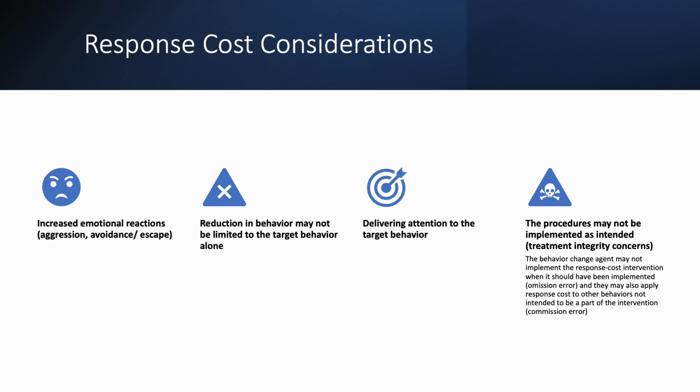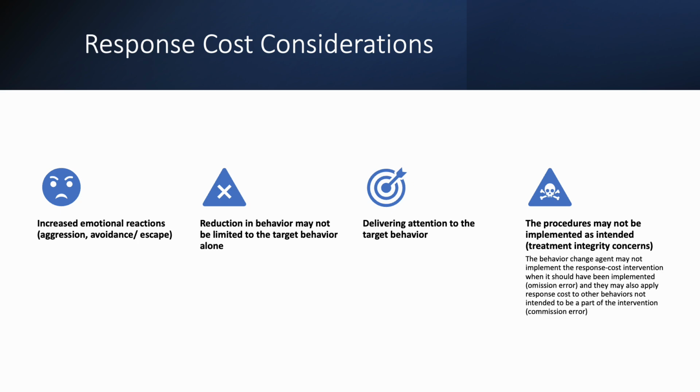They might say, oh, but it's reduced enough. I feel bad. I don't want to implement it this time. And so what will end up happening is you'll have an inconsistent implementation of the intervention, which could result in the behavior recovering. So you'll see that behavior go back up. So you have to be very careful with that.